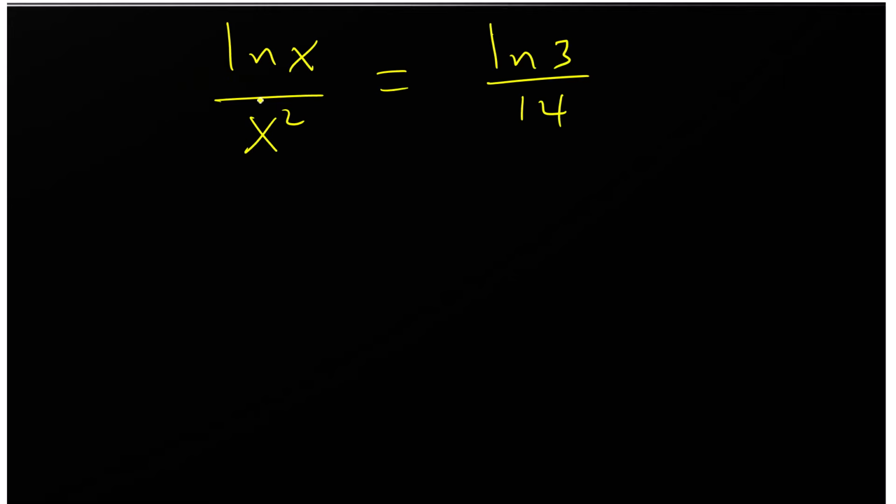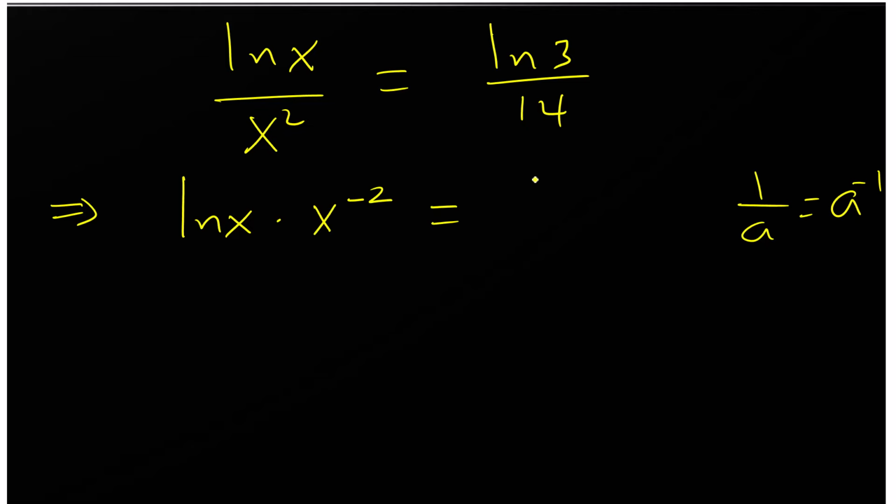Before I support this, let me write this one in a linear form. Since 1 over a is the same as a to the power minus 1, I can say ln of x times x to the power minus 2 equals ln of 3 on 14. So we are going to support this x raised to negative 2.